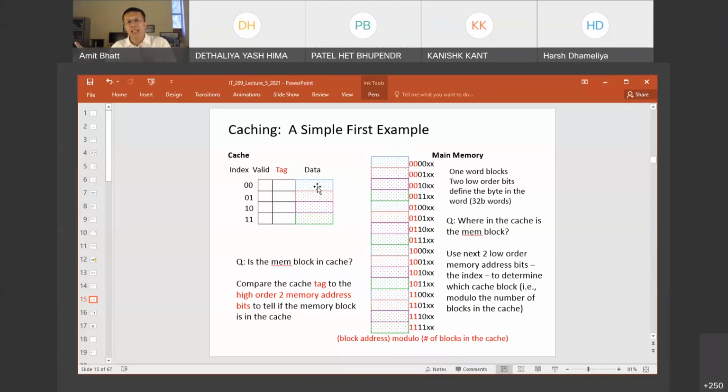So I would tell those 10 students that you can sit only in chair number 0. If chair number 0 is occupied, then you have to ask that person to get up and you sit there, or you wait till that person gets up. Even though chair number 1 right next to it is empty, you can't sit there. Why? Because I want to make things very simple and very quick.